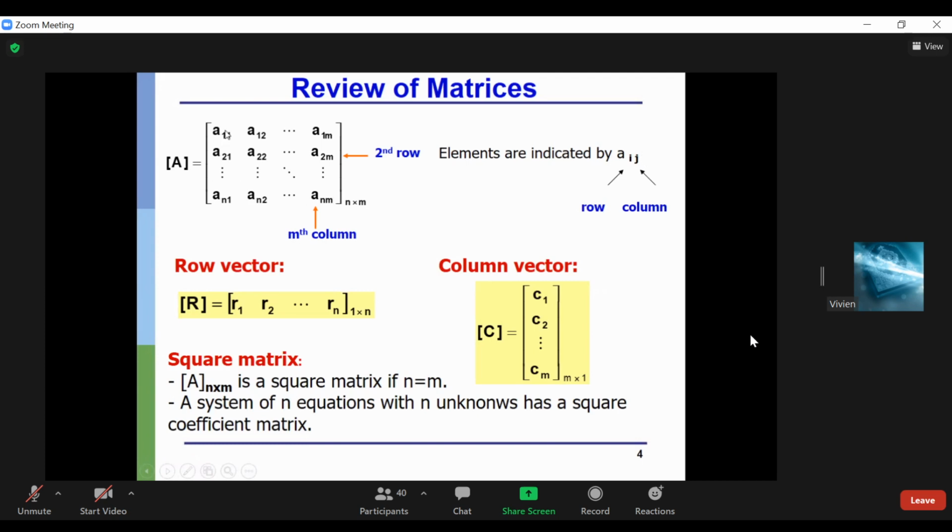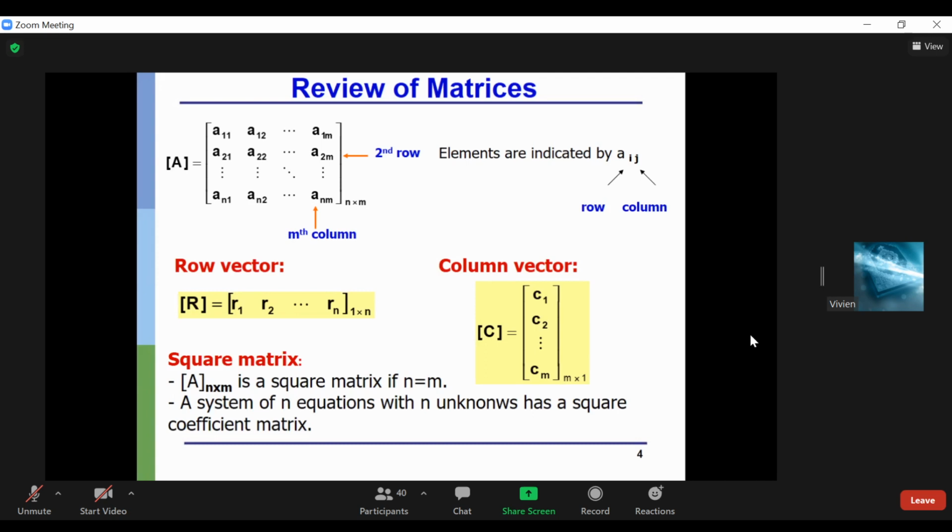So say I have A21. That means this is the element in the second row and first column of matrix A. This is how to locate or denote an element inside the matrix A.